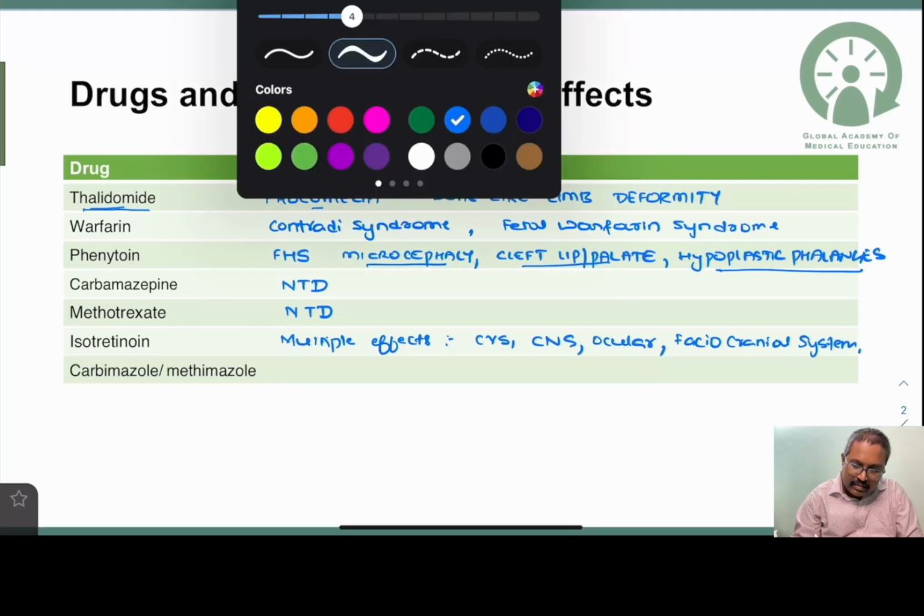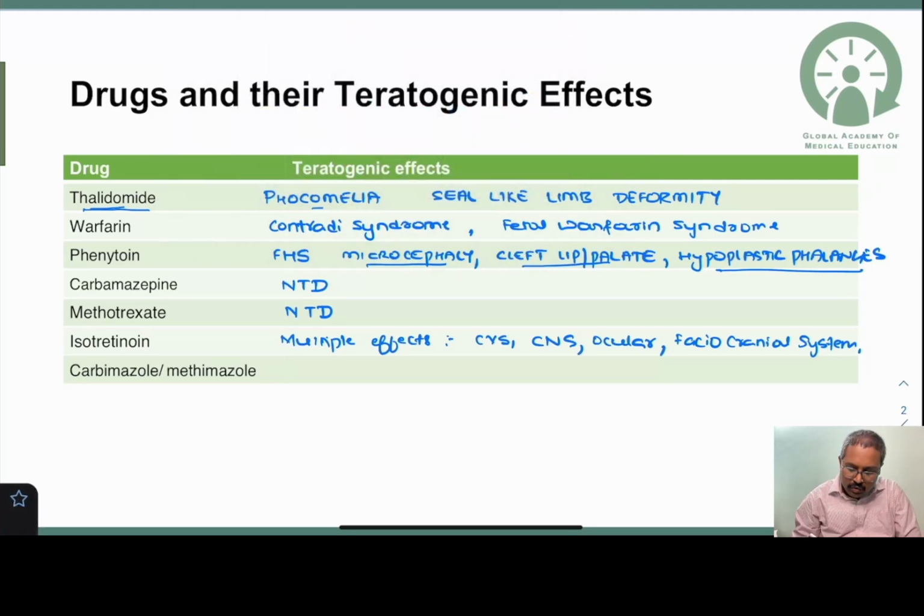Next, coming to carbimazole and methimazole, which are the antithyroid drugs. Please remember, they are known to cause aplasia cutis. And especially carbimazole is known to cause atresias.